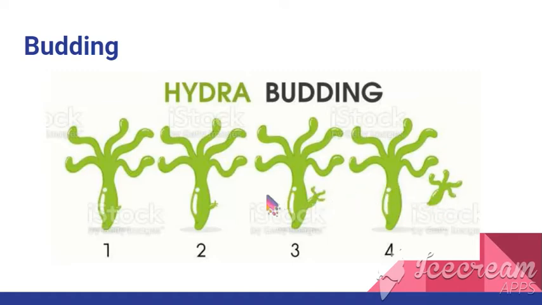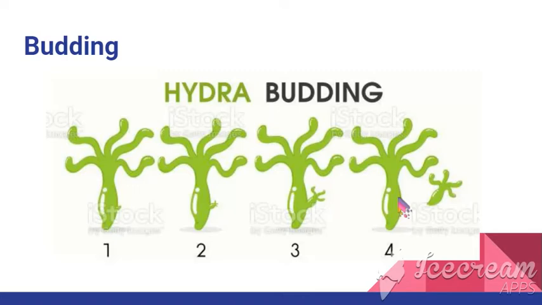So in hydra, by budding the reproduction takes place. Here some cells of hydra form a bud, the bud grows and fully matures, and finally it detaches from the parent and then leads an independent life, and this younger offspring is smaller than the parent hydra.